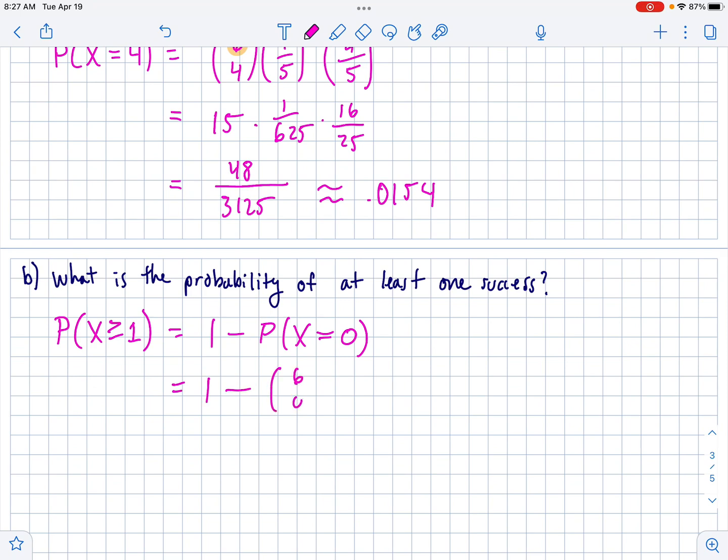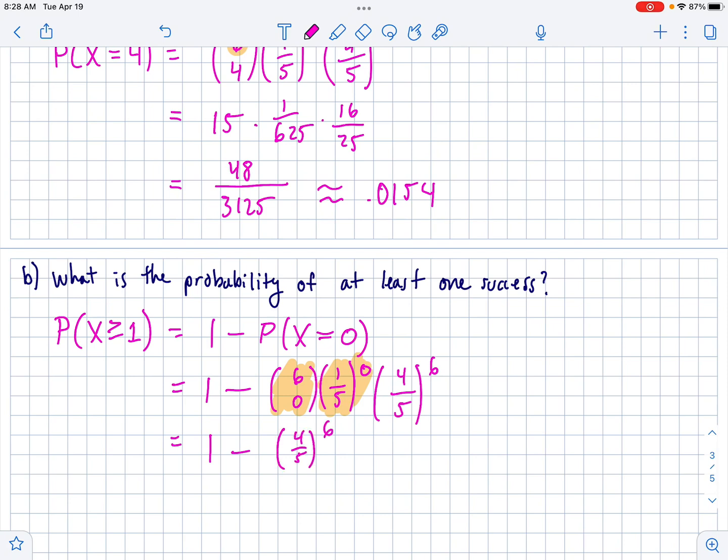Plugging it into the binomial distribution, it's 6 choose 0, times the probability of success 1/5 raised to the 0 power, times the probability of non-success 4/5 raised to the 6th power. 6 choose 0 is just 1, and 1/5 to the 0 is also just 1.